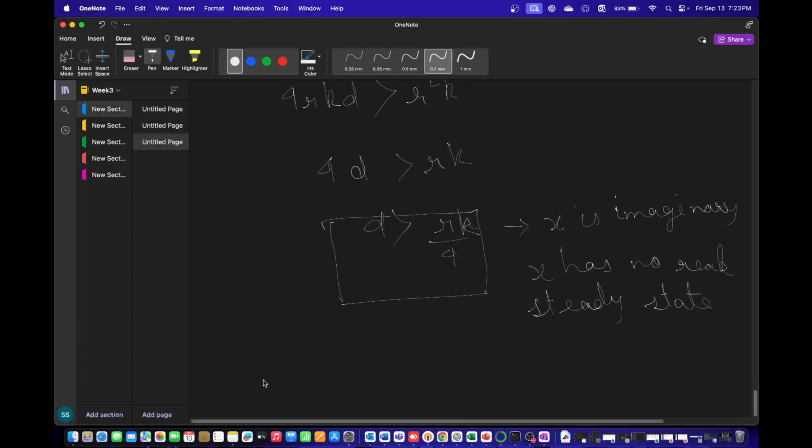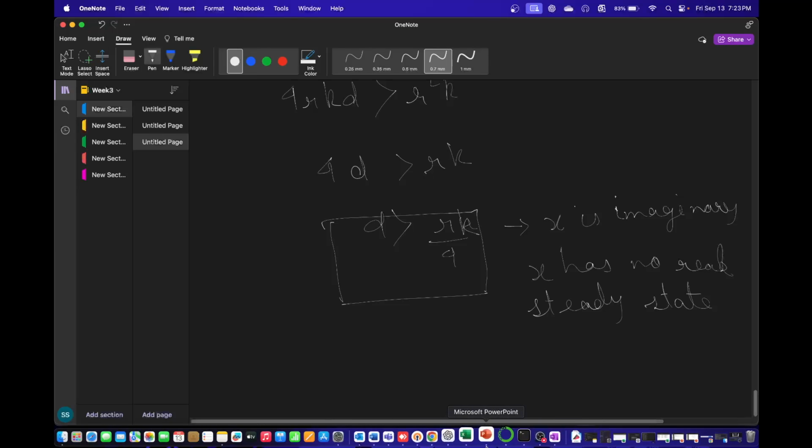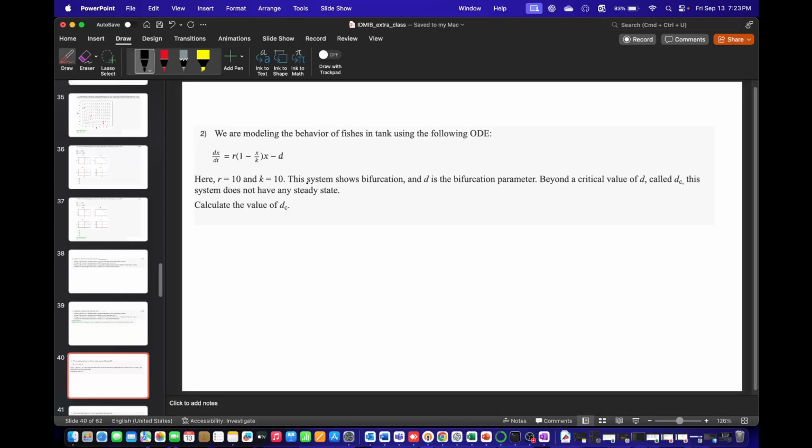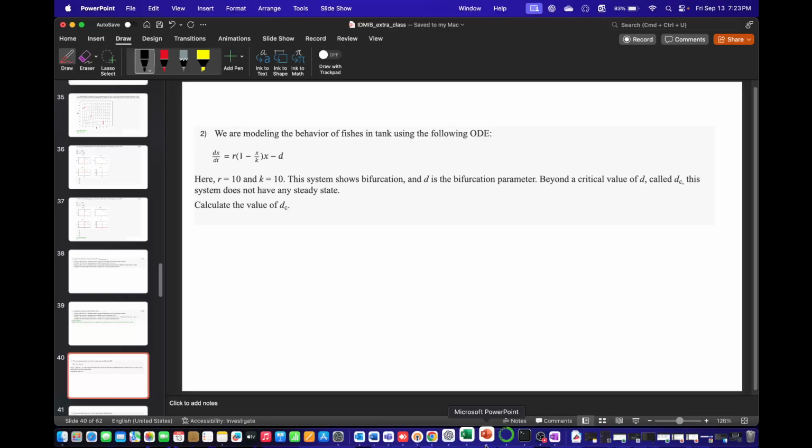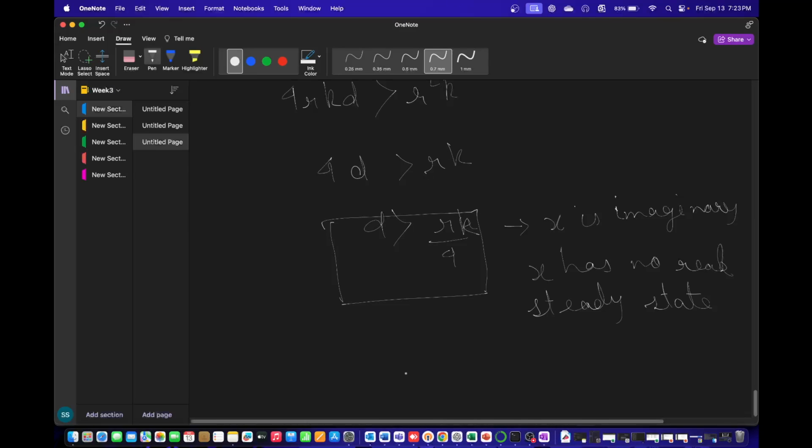Now as k and r are given here as 10, so k equal to r equal to 10. Then the critical point beyond which there is a bifurcation. So this is a greater than equation. So d is greater than rk by 4. Under this condition, x is imaginary.